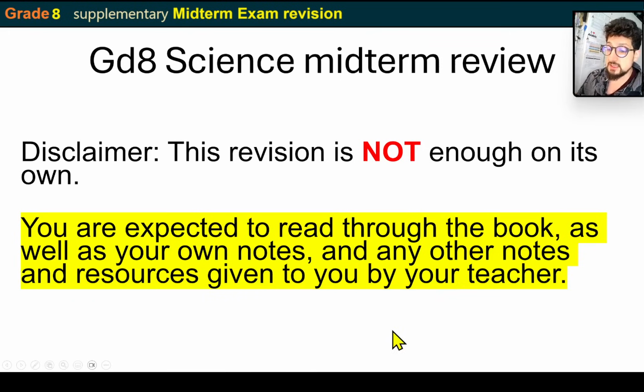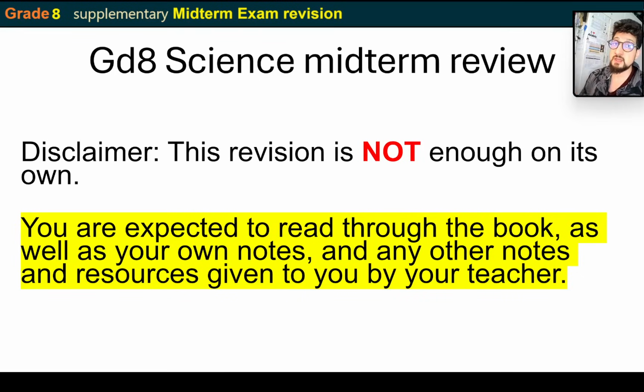This grade 8 science midterm review is not the complete comprehensive revision. This revision is not enough on its own. Okay, I have to stress that point. This is not enough on its own. So you are expected to go through the book, you're expected to go through your notes, you're expected to go through any other notes that your teacher may have given you, and any other worksheets that your teacher has given you. It is a midterm exam after all.